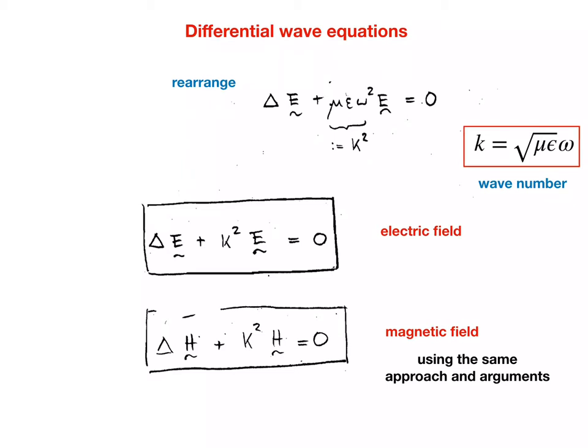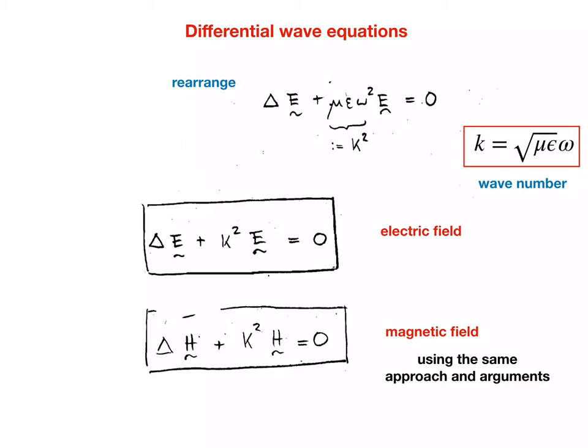This means in particular that k is equal to the square root of permeability and permittivity times angular frequency omega. The differential equation is a wave equation because the second derivative of the electric field E, as represented by the Laplacian, depends on the electric field E itself.